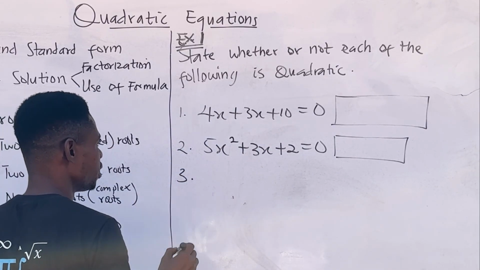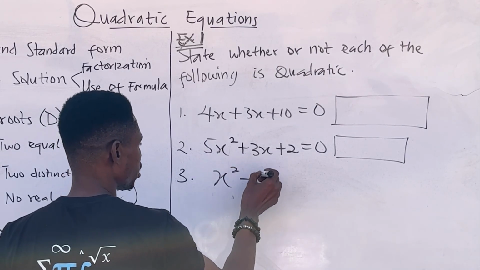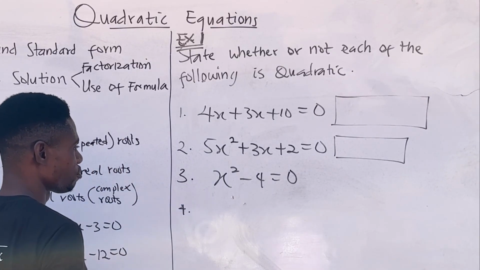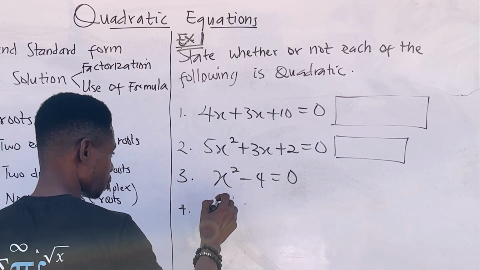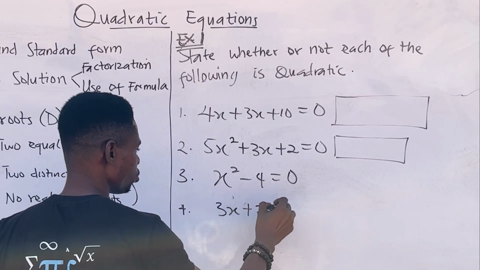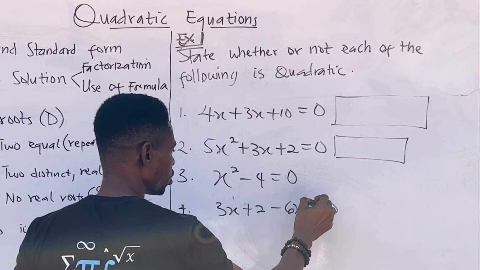So number 3, let's say x squared minus 4 equal 0. Number 4, let's say 3x plus 2 minus 6x squared equal to 0.